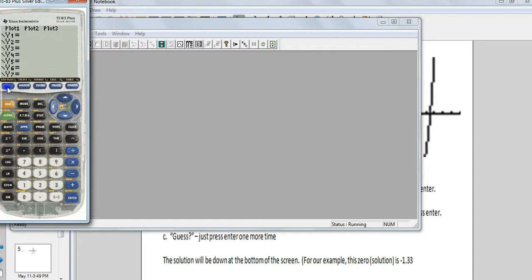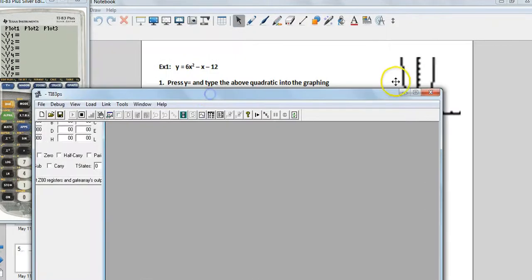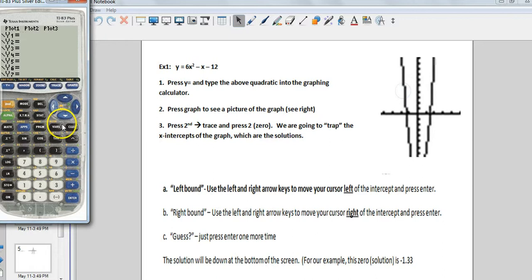So, in y equals, type in 6x squared minus x minus 12. Now if you don't have a standard window, go to zoom and then hit 6, but it should look like that.